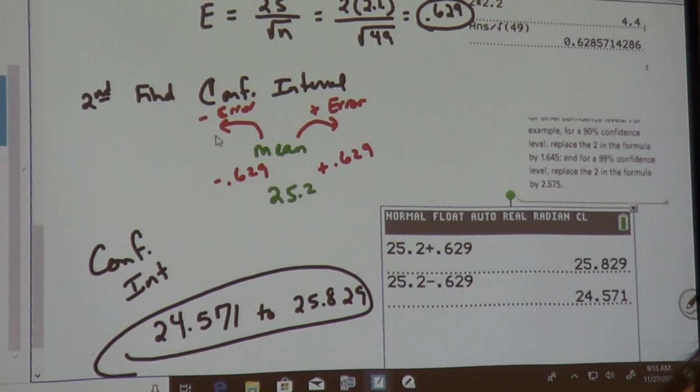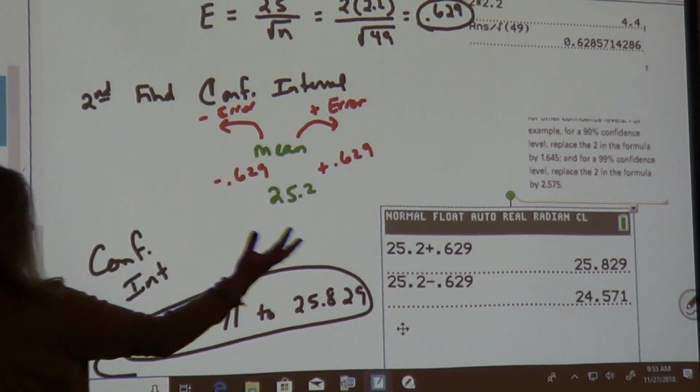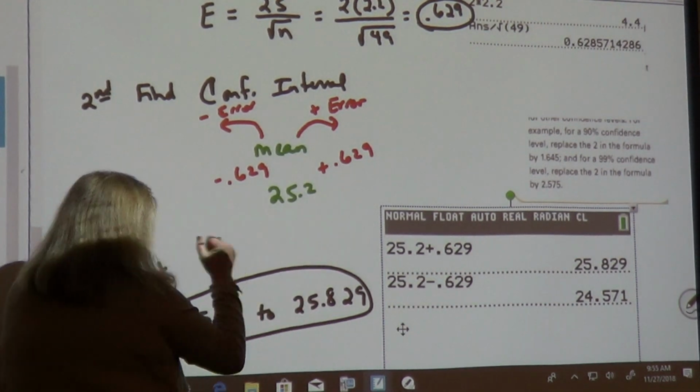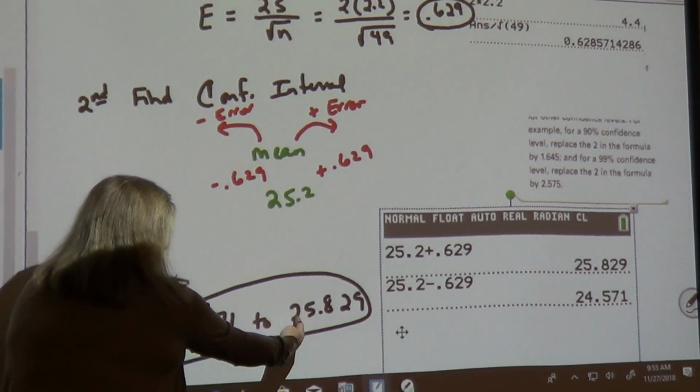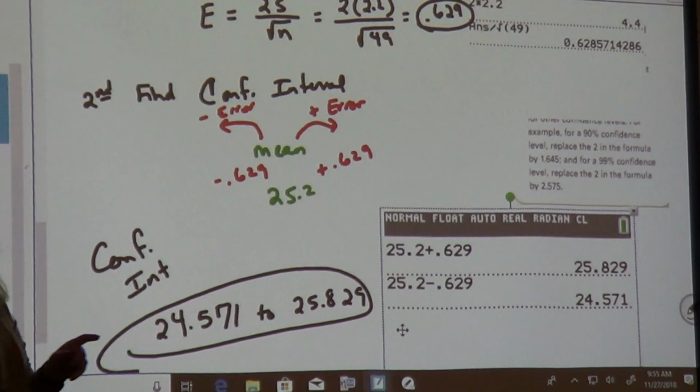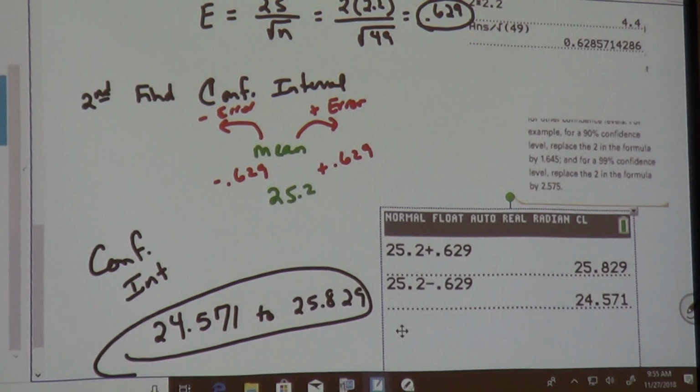So if the class had a head size of 25.2, we figured out where the error is. So I could be confident to tell you, if I go out in the world, I will be 95% confident that I will walk up to any person and their head size will be between this and this.